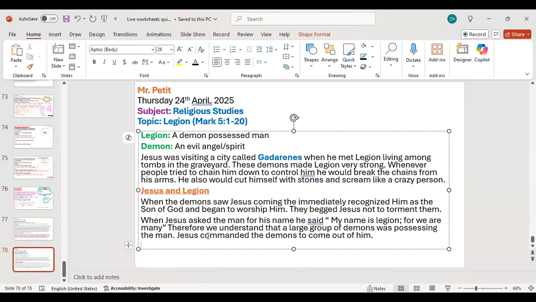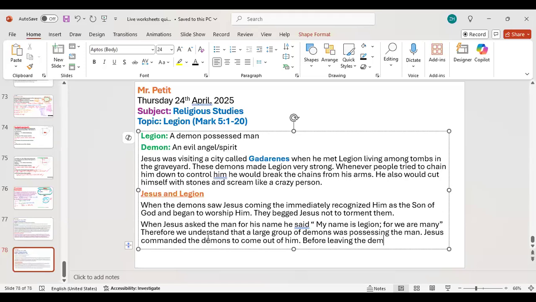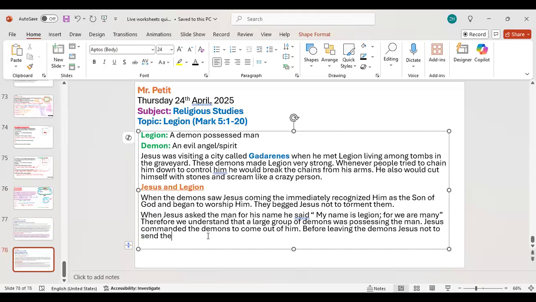So before leaving, the demons asked Jesus not to send them into the abyss.